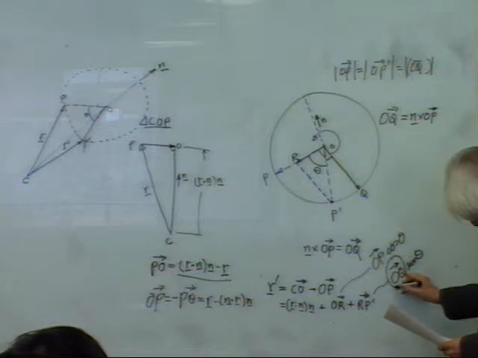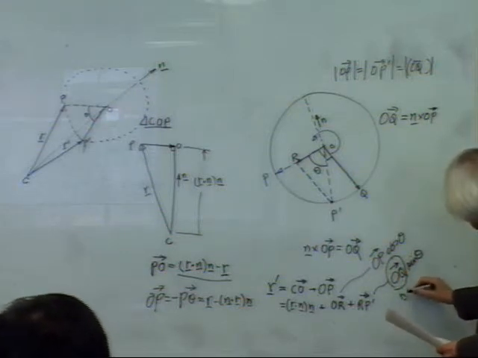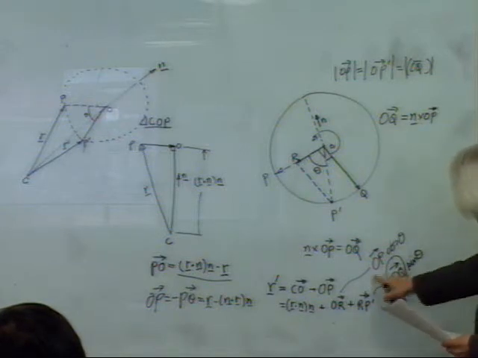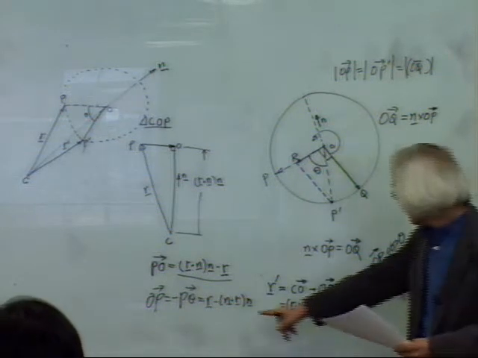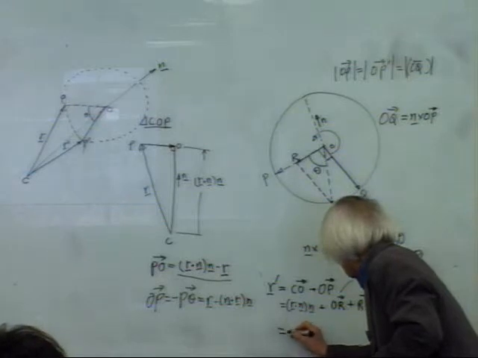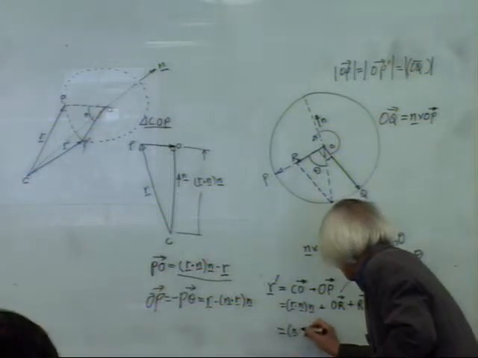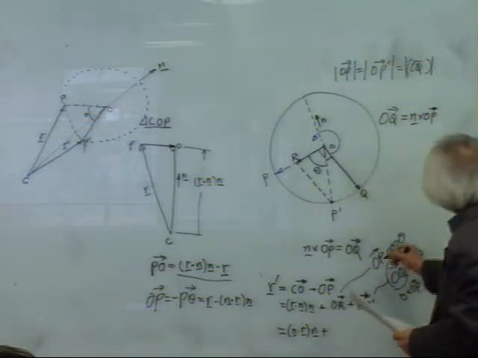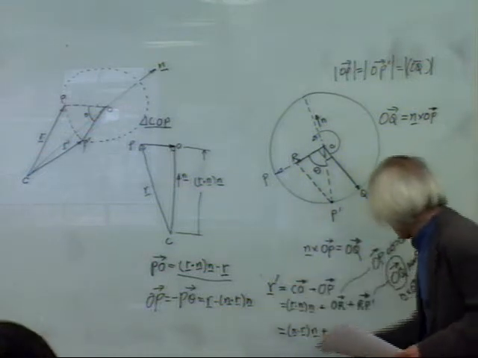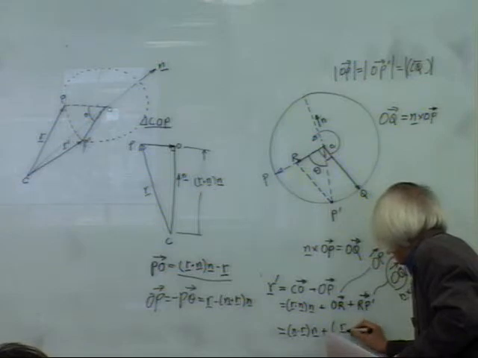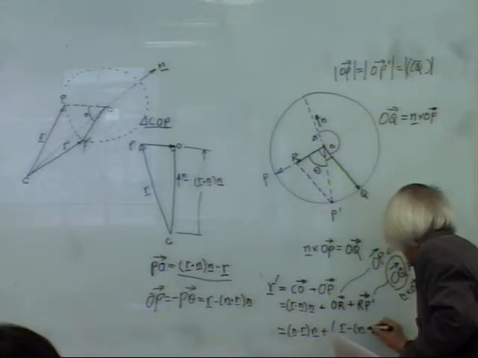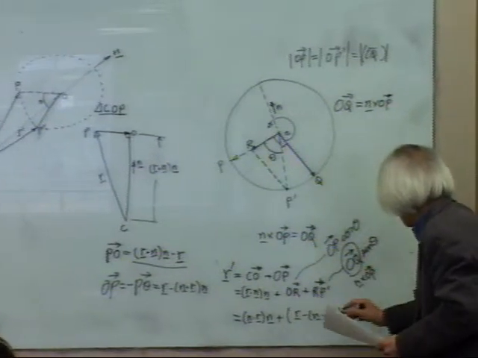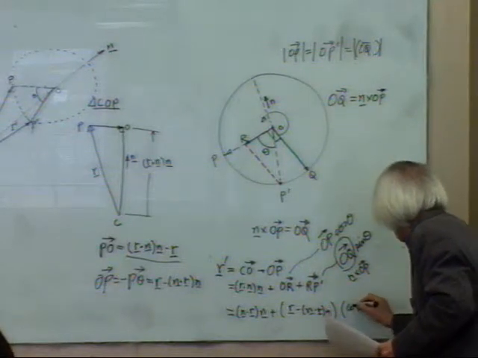We replace this guy by N cross OP. And we know what the OP is. OP is this guy. So then what I have here is NR, N plus. OP is this guy. Okay, and there's a cosine theta.